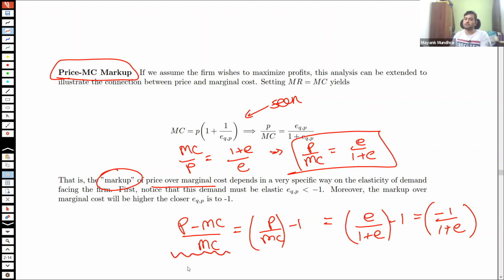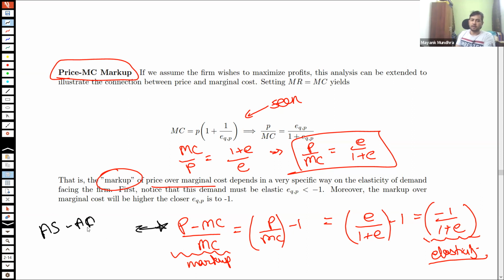So this is your markup formula, and it depends on just elasticity. So if you have the elasticity of demand in a market, you can find the markup. We'll look at this formula again when we reach AS-AD in macro. In macro, we are going to see these formulae.